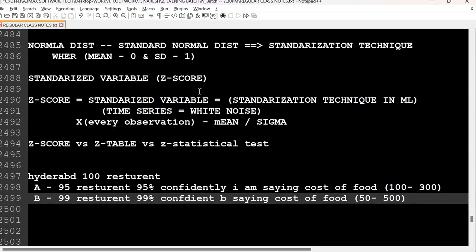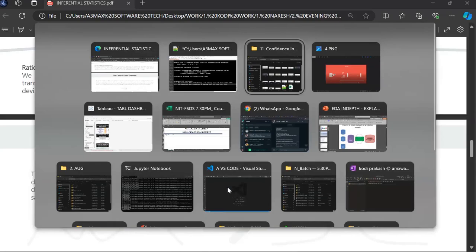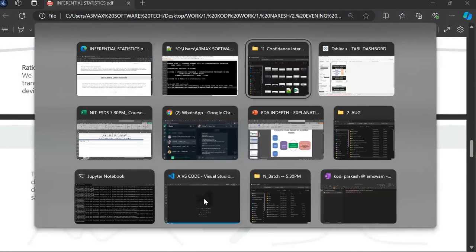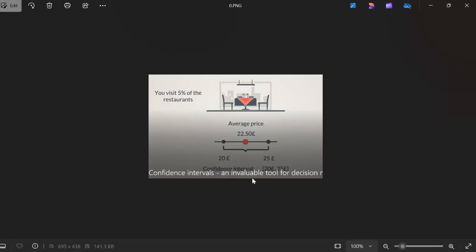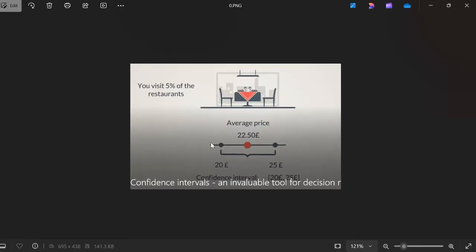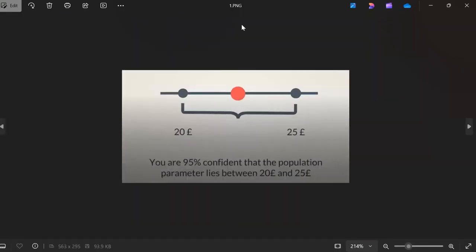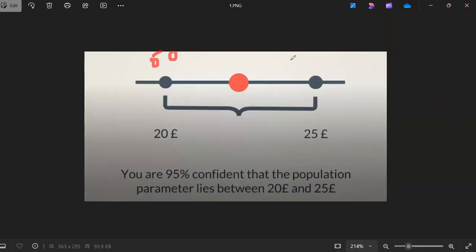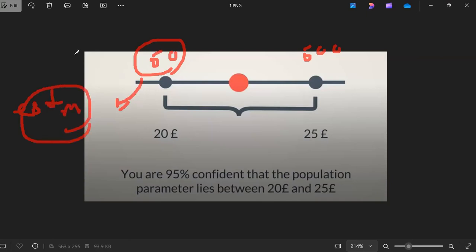So what is the reason behind this? Just refer to the doc, confidence interval. Just now I was saying the cost of the food is 50 rupees to 500. In statistics, this is called the estimator. We have a lower estimator and an upper estimator.